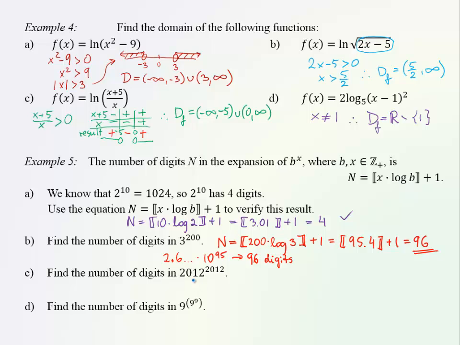In the next question, we are asked to find out the number of digits in 2012 to the 2012. Obviously, this question was developed in the year 2012, but let's do it. The number of digits is the greatest integer of 2012 times log 2012, plus 1. Okay, let's use our calculator.